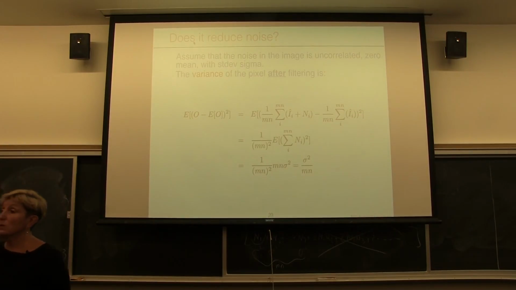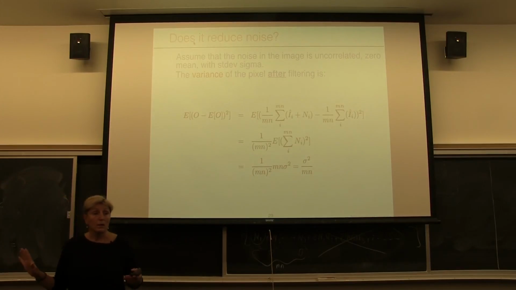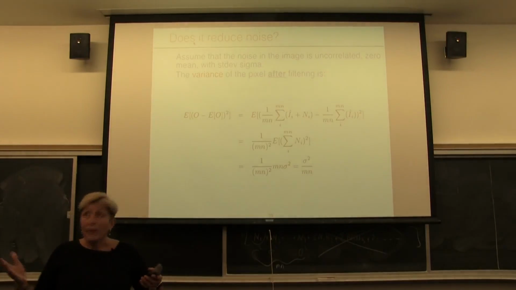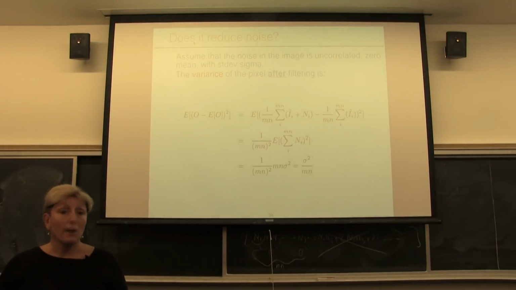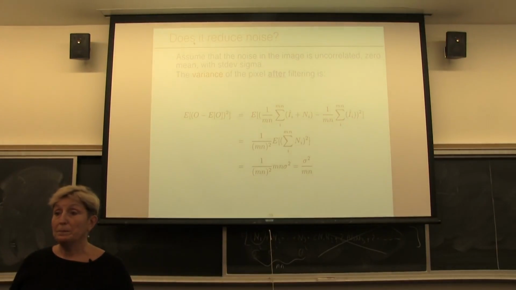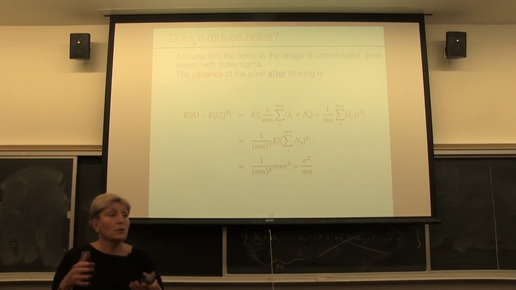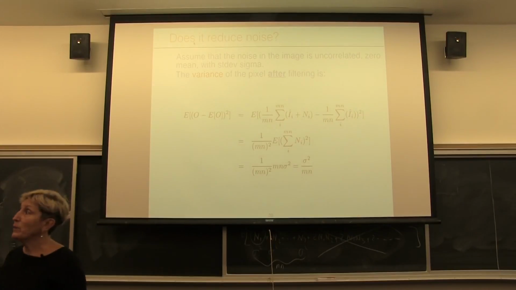And why is this good? This is good news. Why is it good news? Because your variance is less. I reduce the variance by a factor of Mn. So if I wanted things to be constant, they're going to be closer to constant, closer to the mean value of the neighborhood.